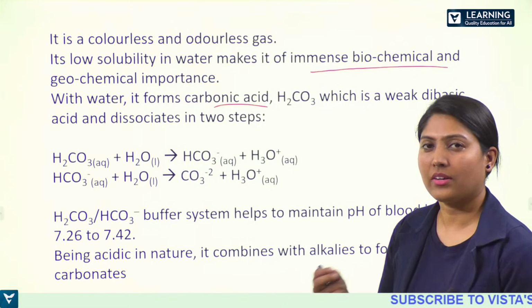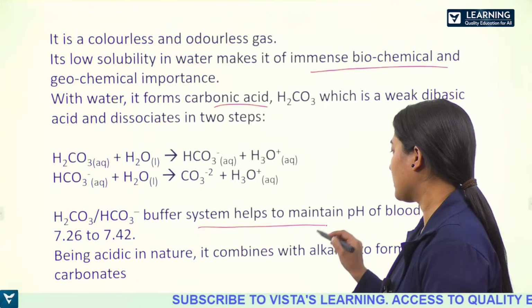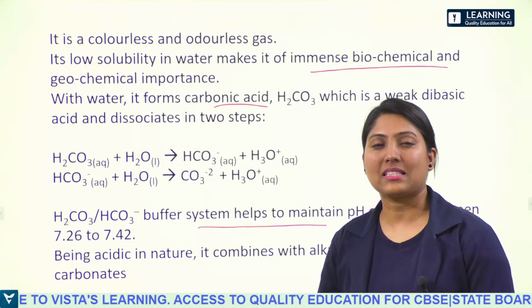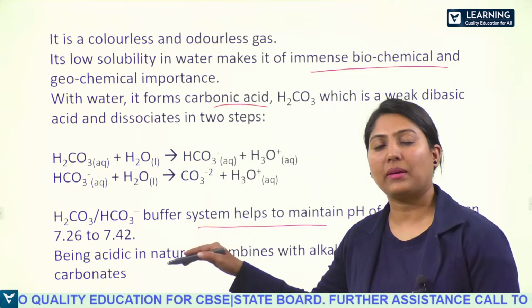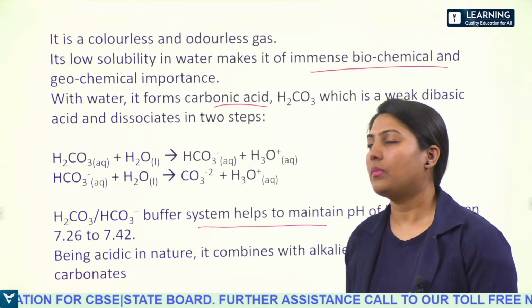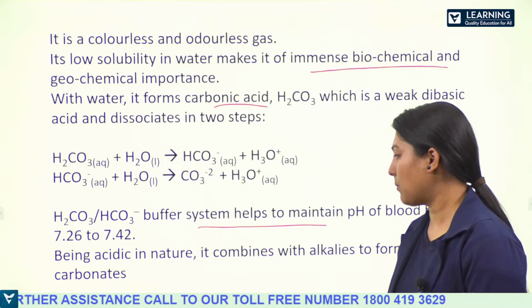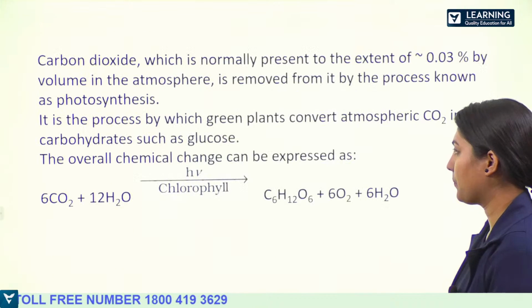This forms a buffer system which helps in maintaining the pH of blood, which is 7.2 to 7.42. If the pH level goes down, then the blood will not function easily. Being acidic in nature, it combines with alkalis to form metal carbonates.